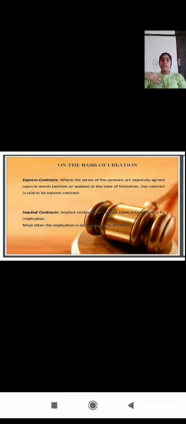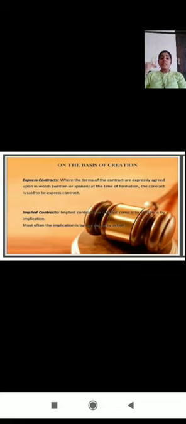The first one is express contract. An express contract is where the terms of the contract are expressly agreed upon in words, either oral or written, at the time of formation.